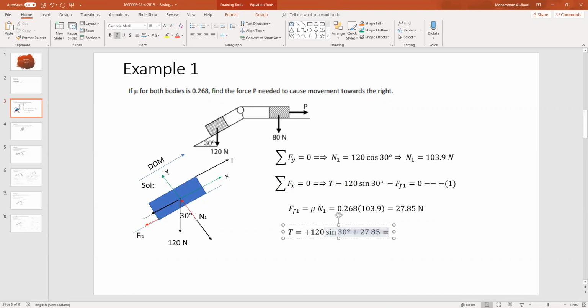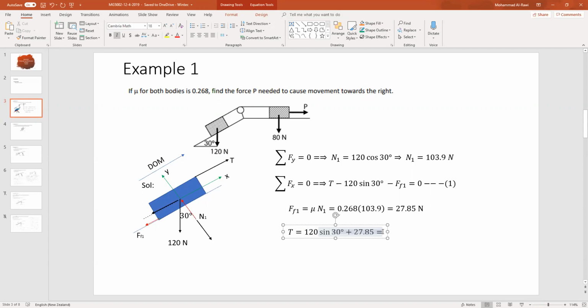Can you find me the answer? So we need to add the product. And to avoid any confusion, you can remove that positive here. Now I want you to tell me the value for that tension T. All right, so we start getting the answer.